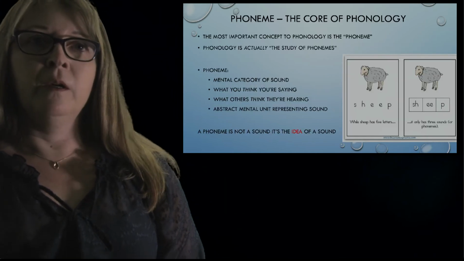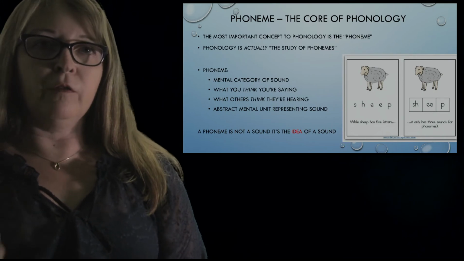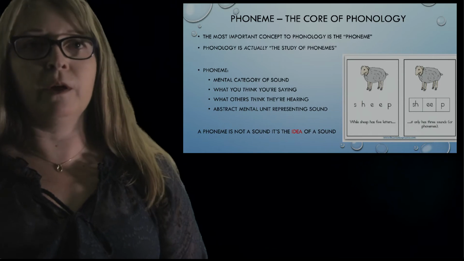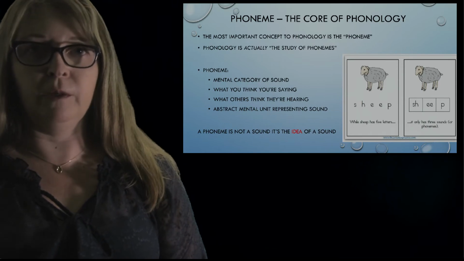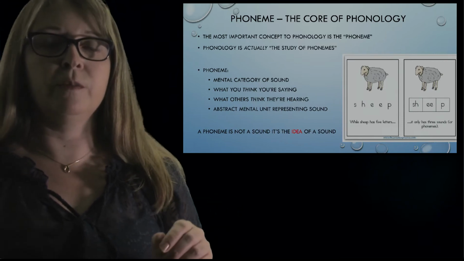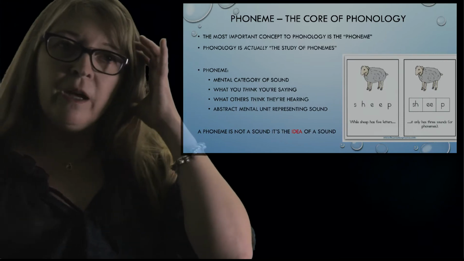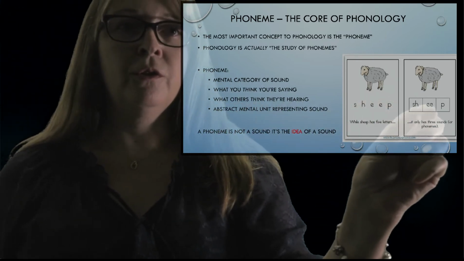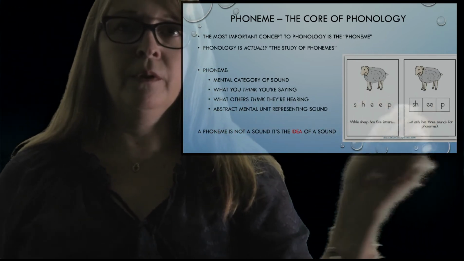Okay. So now we're going to look at phonemes and allophones. The most important concept to phonology is the phoneme. Phonology is the study of phonemes. So you have a mental category of sound, sh, e, p.